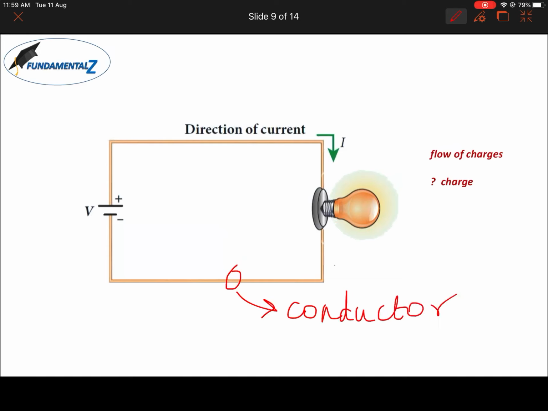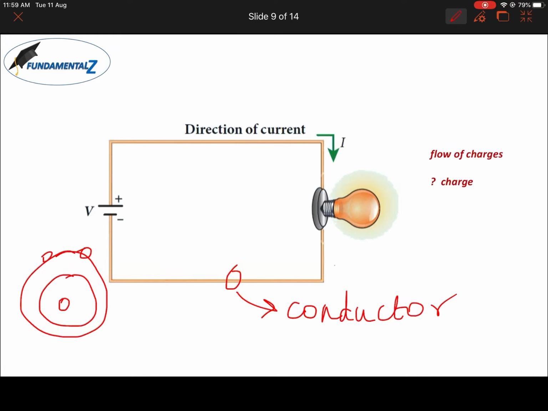So what is a conductor? We saw that conductors are made up of atoms wherein the outermost shell of the atom, say this is the outermost shell, has many electrons. That is the criteria of a typical conductor.